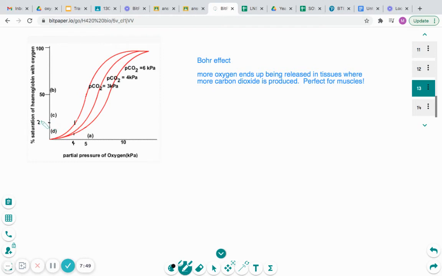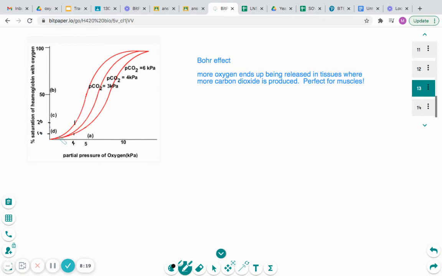If that same hemoglobin molecule is in the same partial pressure of oxygen, but there's an increase in CO2 from 3 kilopascal to 6 kilopascal, so let's compare these two lines. You can see now this curve is looking much lower down. So at the same partial pressure, it's only something like 10%.